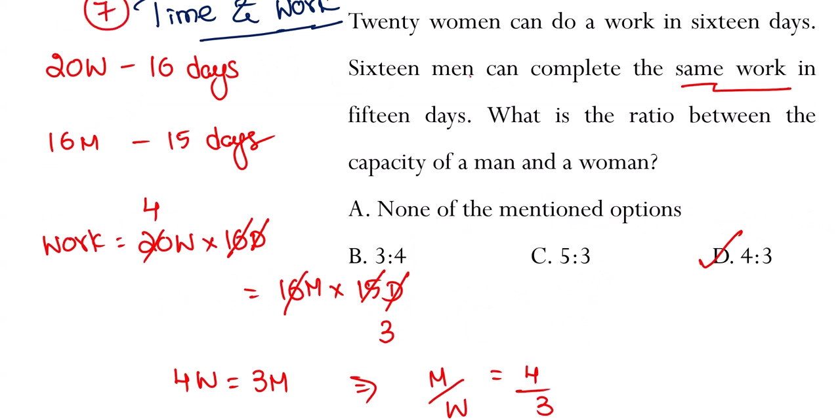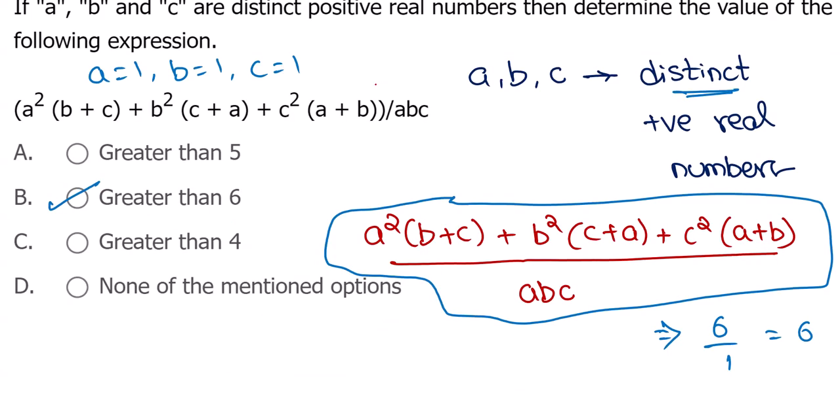What is the men and women capacity? Here, one thing, work can be directly touched: 20 women into 16 days, 16 men into 15 days. Both can be equated. That's one different question so far. Easy one only. And this eighth question is regarding an equation they have given, and what is the minimum value it can take if you try different positive real numbers.